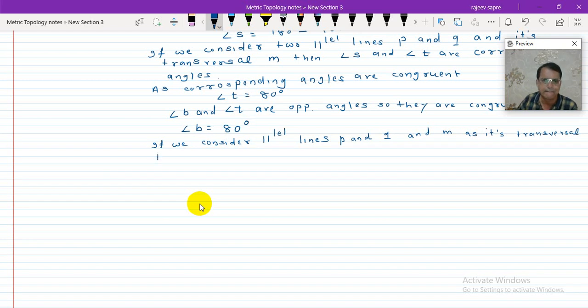Then angle C and angle B are corresponding angles. So they are congruent.